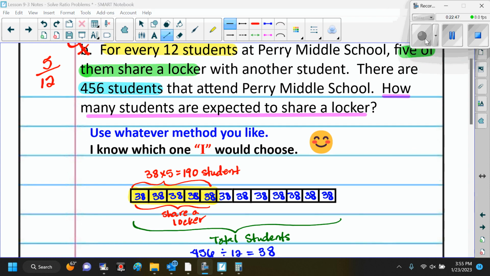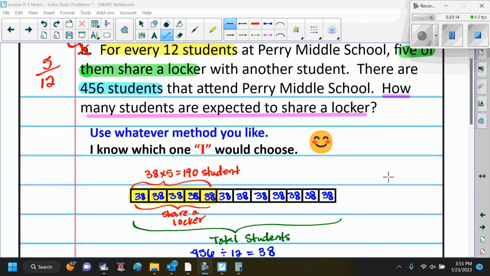If I use a double number line, you would have to have out to 38 tick marks to get all the way to 456 students. So that would be a gigantic double number line. So that is the reason why I would not choose to do that one. So if you choose to do that one, you go ahead and do it. I'll show you it later.